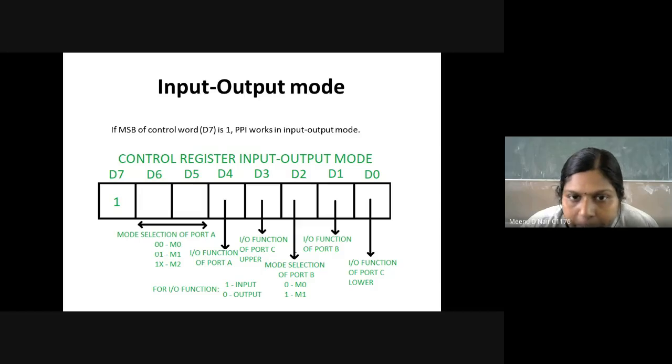I think you can copy down. Once you're done, please let me know. I hope you understood how to write the control word for the input output mode of operation. If any doubt, please let me know.